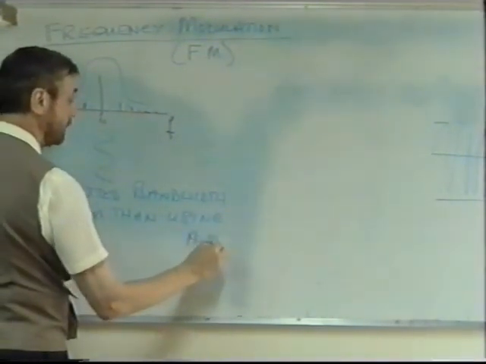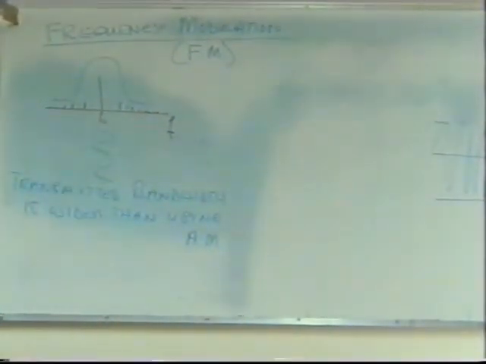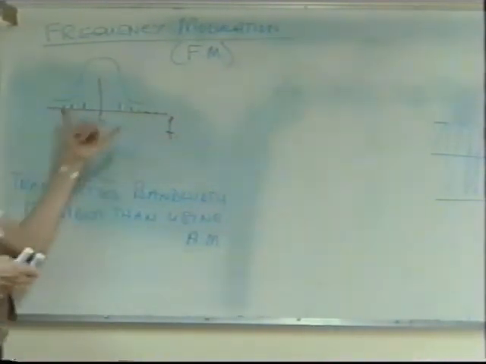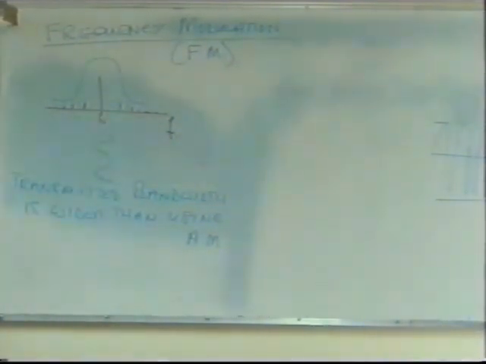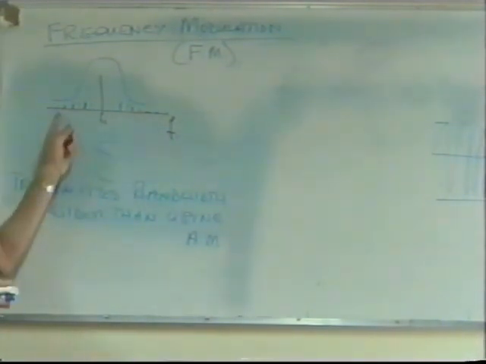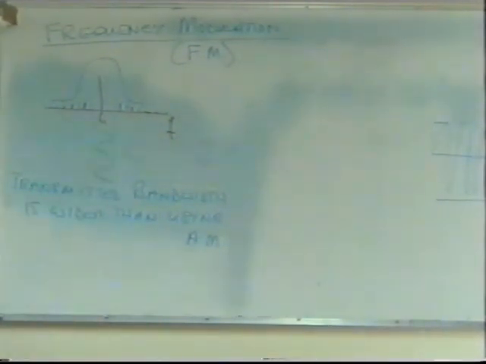It's to do with these side frequencies that are generated when you frequency modulate a signal. Although we don't transmit all the side frequencies, we do need to include some of them, otherwise the signal gets distorted. And the result is a wider bandwidth to be transmitted in order to maintain the information.